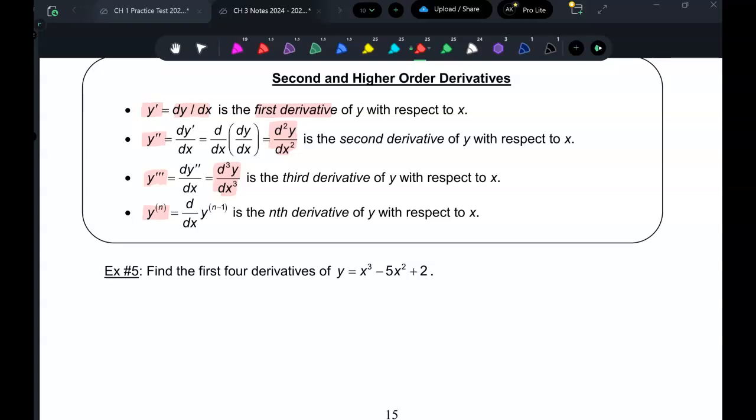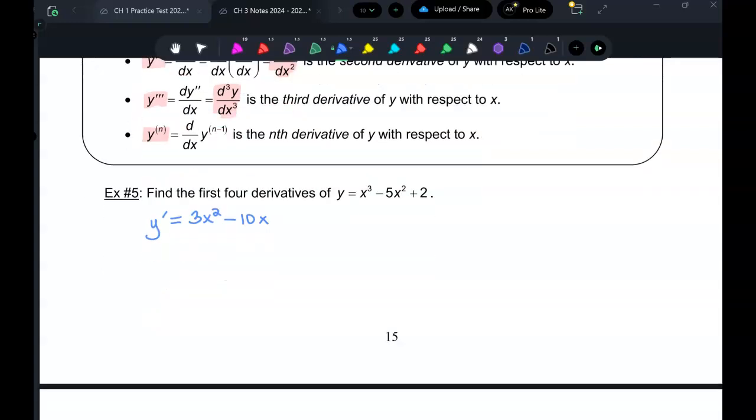Okay, so our goal is we want to find the first 4 derivatives of this polynomial. Okay, so we'll start off with the first one. Okay, so x cubed becomes 3x squared minus 10x, and the plus 2 goes away.